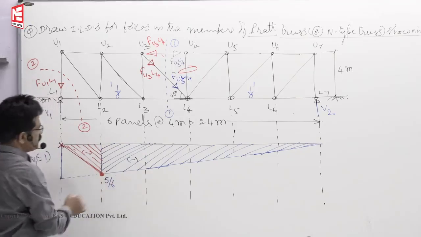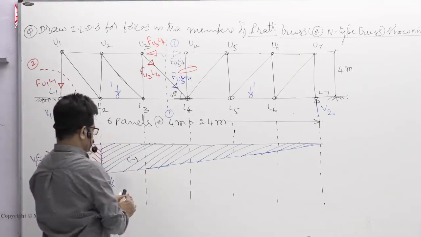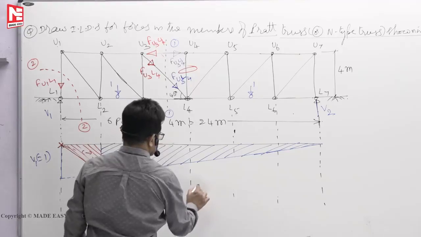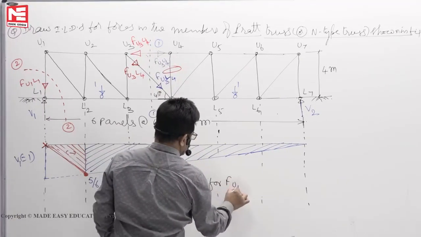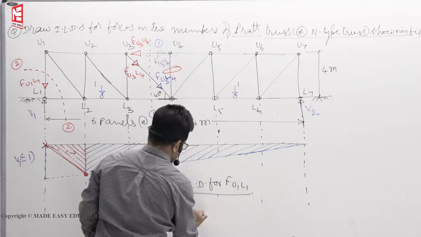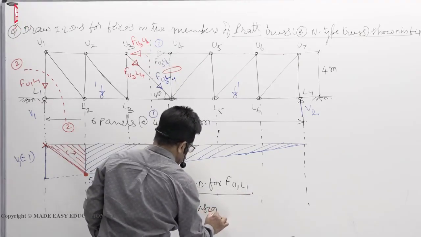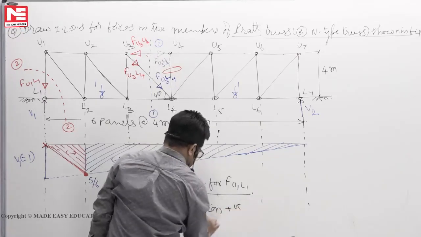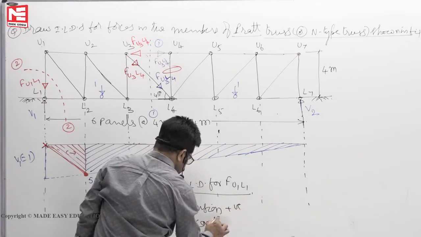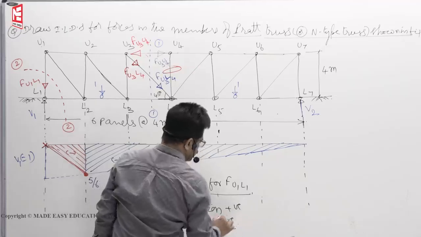So this is ILD for FU1, L1. Again, you see this end member is also a pure compression member only. Tension positive, compression negative.